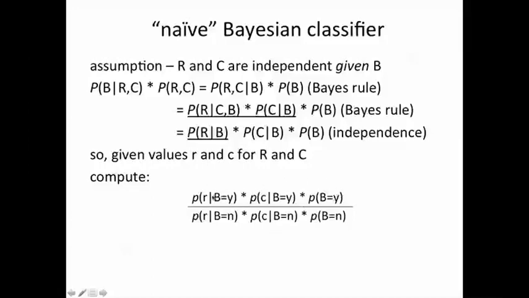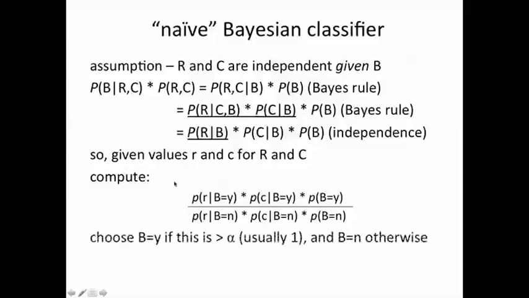Now, since this expression is proportional to the conditional probability that we're looking for, that is, whether or not the user is more likely to be a buyer versus a browser given the query words that they use, we simply compute this ratio for both possibilities, buyer or browser, and if this ratio is greater than 1, in general greater than some threshold, we choose the option B equal to yes as being the most likely estimate.